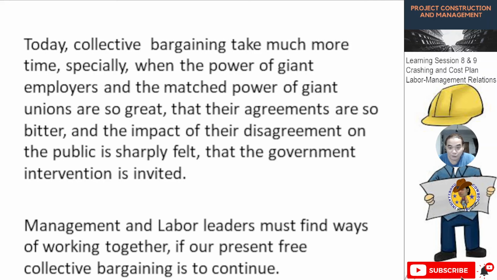That's the actual scenario in our society. Their agreements are so bitter and the impact of their disagreement on the public is sharply felt, that government intervention is invited.